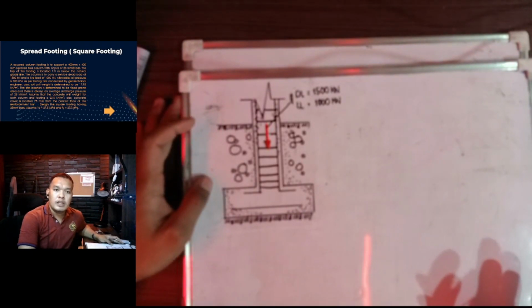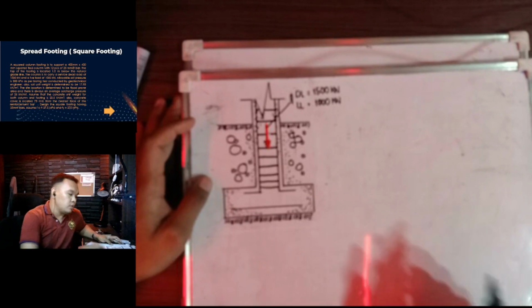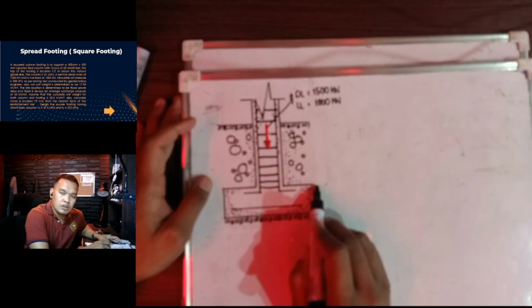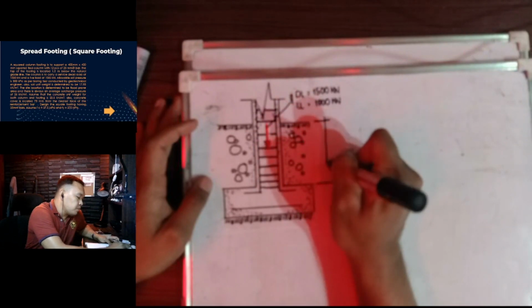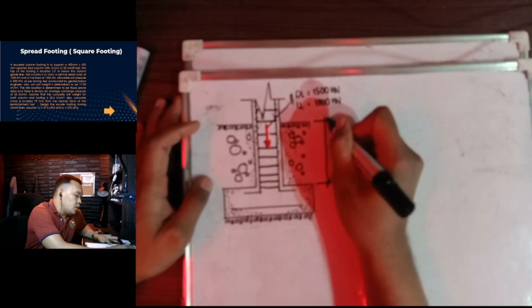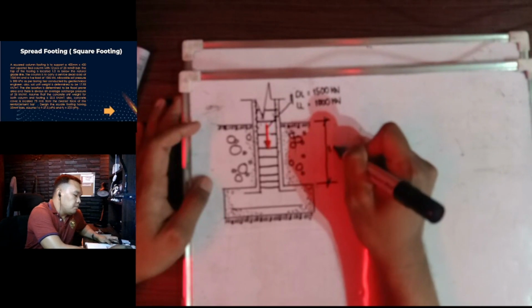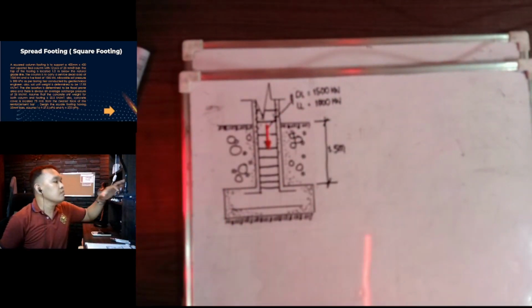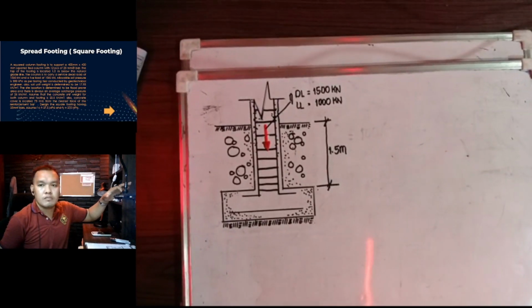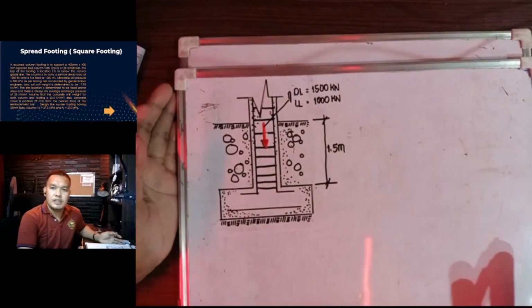The top of the footing to the natural grade line is here, and the dimension will be 1.5 meters.